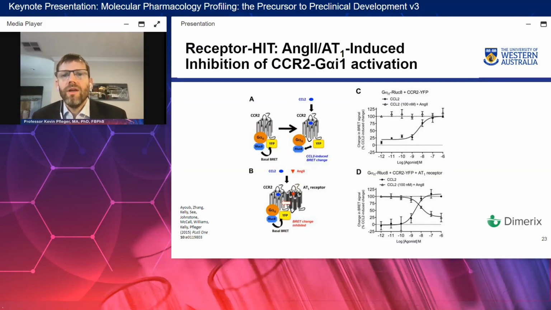Now, in panel D, in the presence of the AT1 receptor, we still see the concentration response curve changing when we have CCL2 activating CCR2. However, interestingly, when we have a maximal dose of CCL2 and then we have a range of concentrations of angiotensin 2, in the presence of the AT1 receptor, we're now seeing a reduction in that change in BRET signal. So we're seeing a reversal of that activation of CCR2.